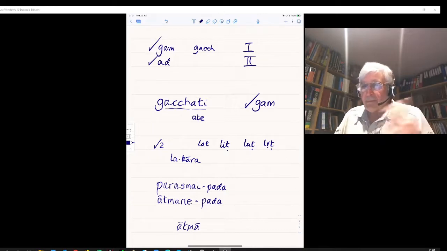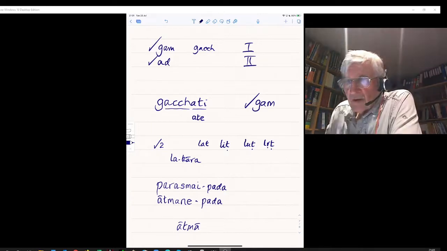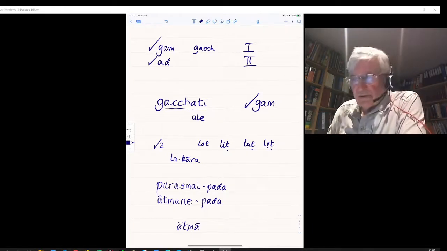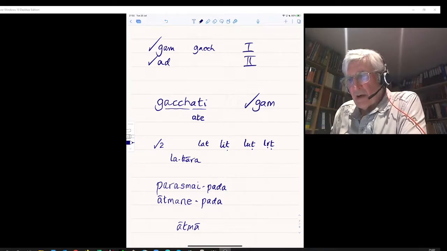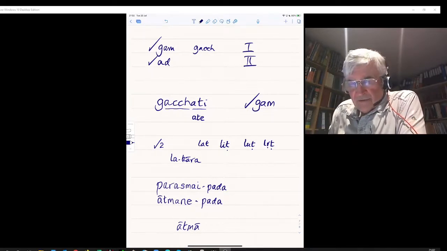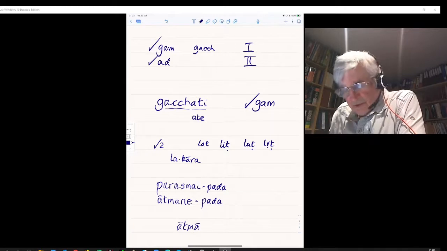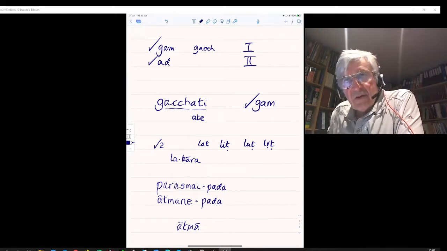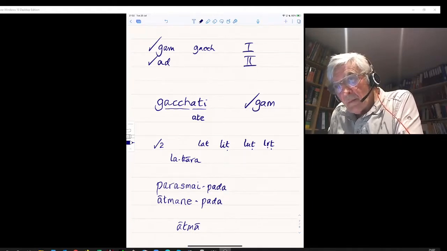Now, I mentioned the passive. The stem of the passive verbs is slightly different from the active and middle verbs. It just adds a y immediately after the root. We'll come to that in due course. But the reason I'm mentioning the passive here is that the passive and the middle verbs have the same set of endings.